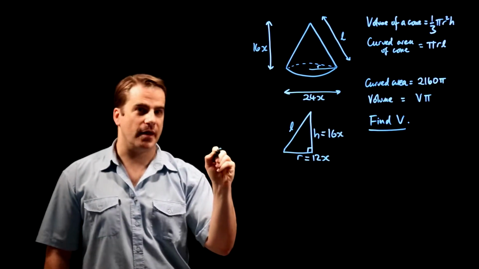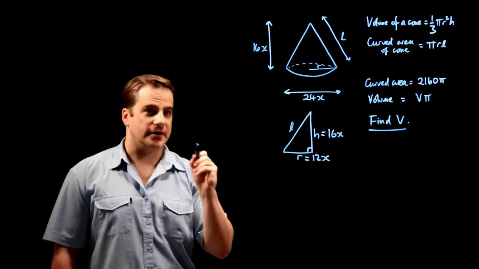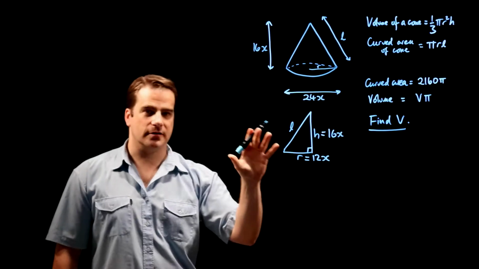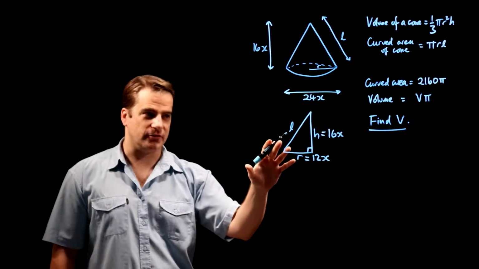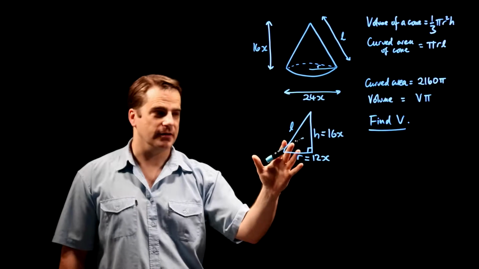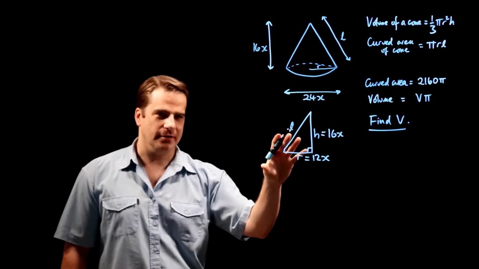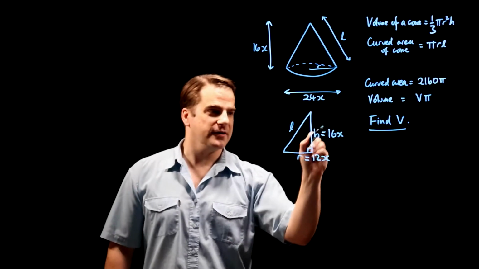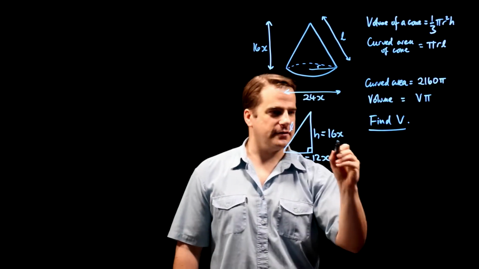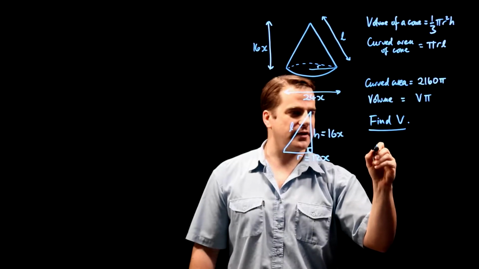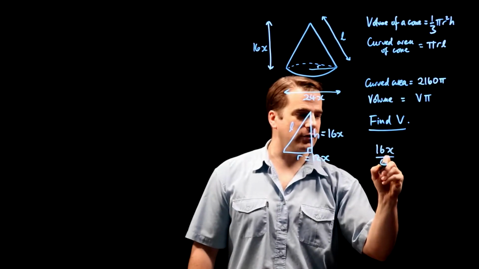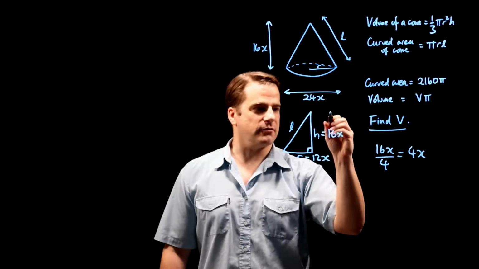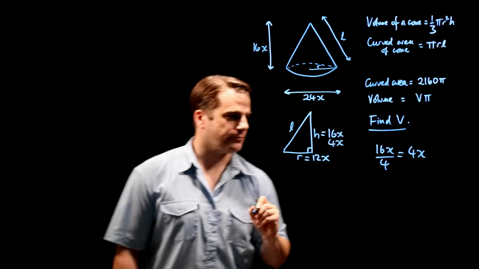Do these numbers ring a bell? They should, because it's not a Pythagorean triple straight away, a 3, 4, 5 triangle, obviously, but it is a 3, 4, 5 triangle because look at this. If we divide 16x by 4, we get 4x, so I'm just going to write 4x here.